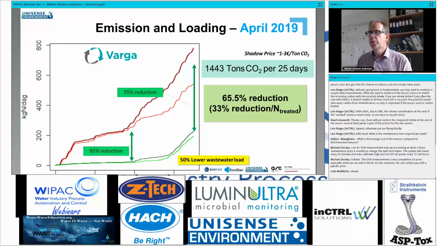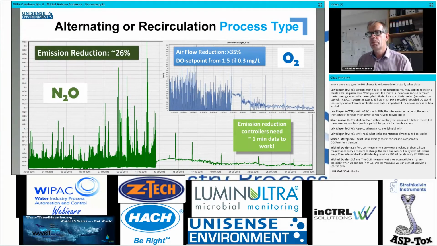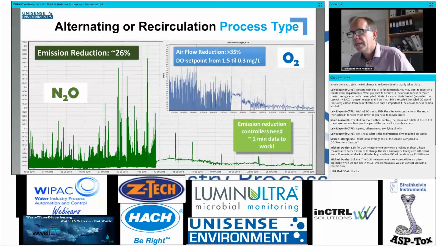Different processes give different signals or footprints of nitrous oxide. And just to show what you have already seen by Hach and inCTRL solutions, stimulating simultaneous nitrification denitrification is one of the keys to lower the nitrous oxide footprint, which is shown at the last part of the blue graph here, where the DO set point is lowered all the way down to 0.2, 0.3, and you can see that the nitrous oxide is actually dropping down to the detection limit of our sensor.